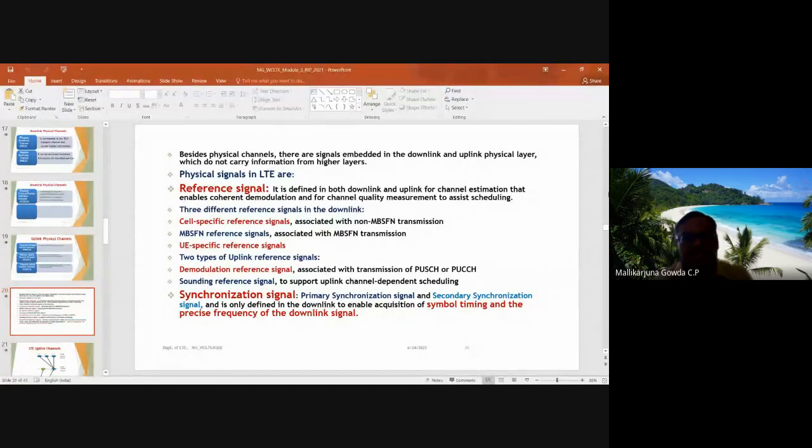That enables the coherent demodulation and channel quality measurement to assist the scheduling. That is the purpose of the reference signal.